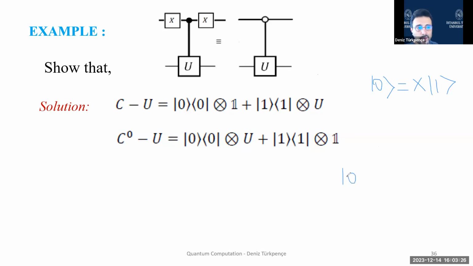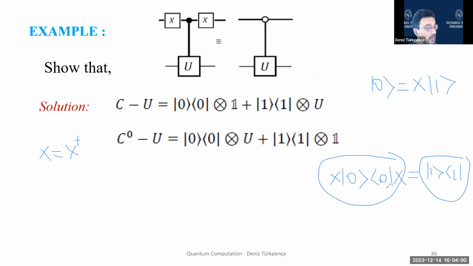Then I can simply write here X on the right and on the left. Please remember that X is a Hermitian operator, and I can write X just like this, because in fact I should write this dagger here, but I don't need that dagger because they are equal. It is completely equal to |1><1|.